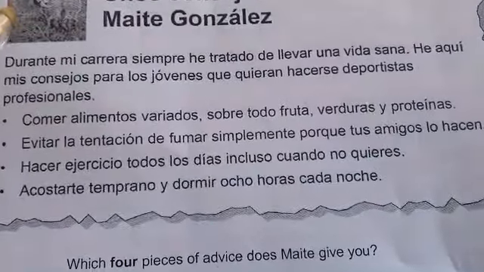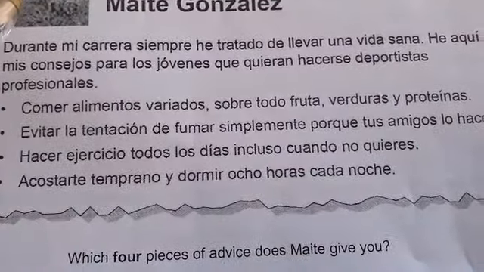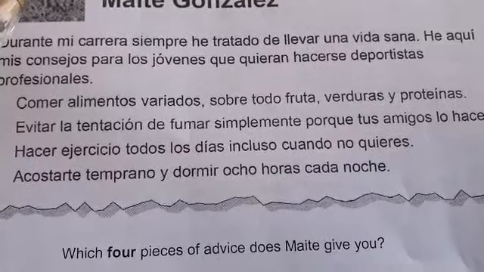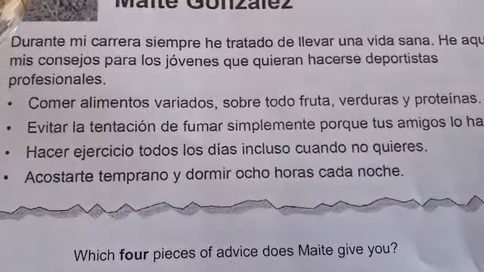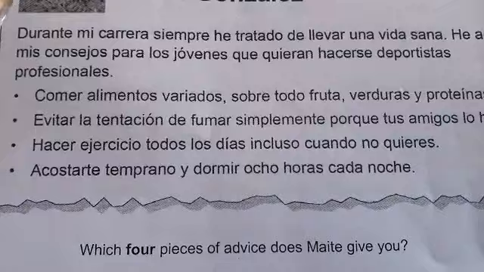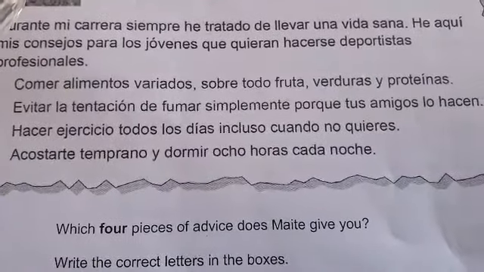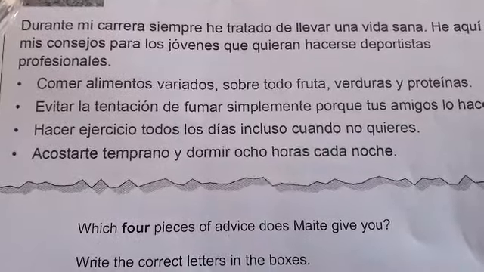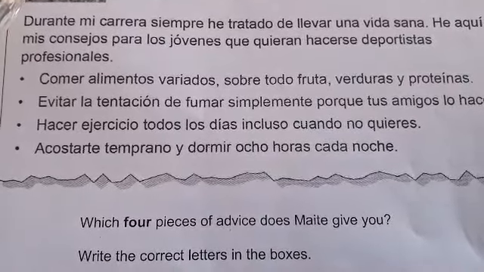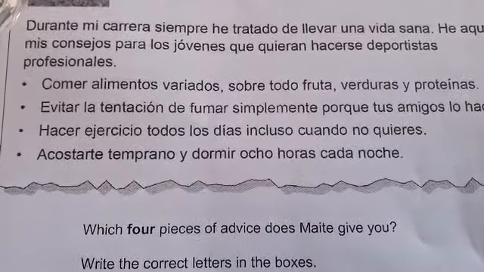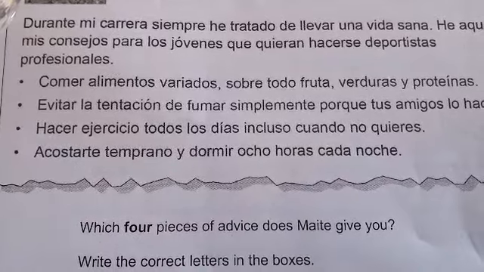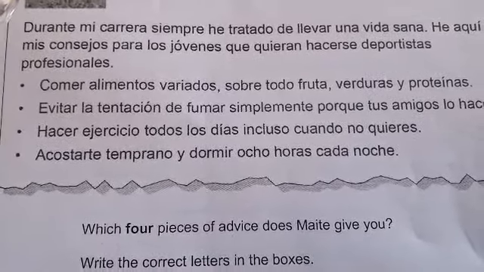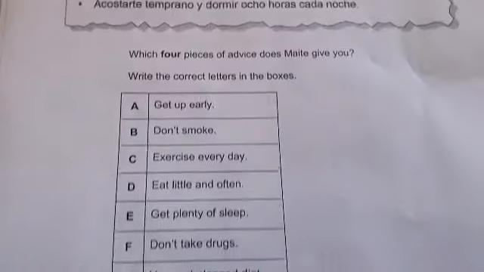Punto 1. Comer alimentos variados, sobre todo fruta, verduras y proteínas. Evitar la tentación de fumar simplemente porque tus amigos lo hacen. Hacer ejercicio todos los días, incluso cuando no quieres. Last one, acostarte temprano y dormir 8 horas cada día. So what are the options?